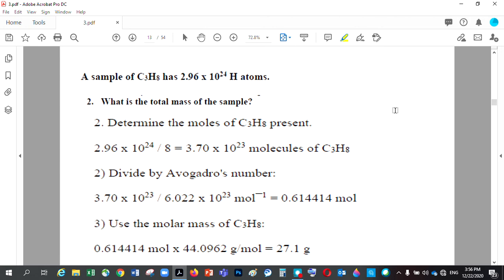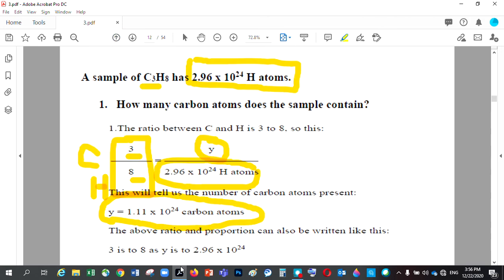Well, for the total mass of the sample, we don't have anything, but we have the number of atoms of hydrogen and the number of atoms of carbon. We calculated this previously. This is the hydrogen, and Y is our carbon, correct?